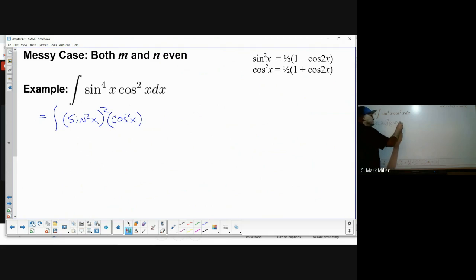This is going to equal: sine squared is that, use that formula up there.